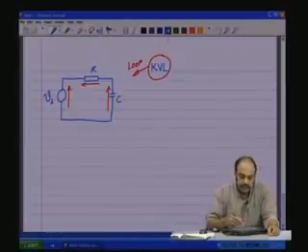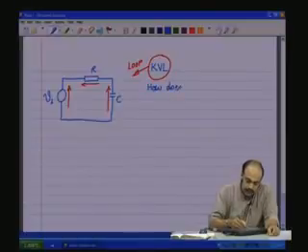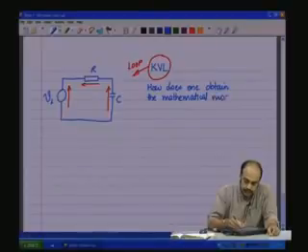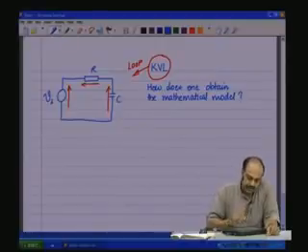So now the question: how does one obtain the mathematical model of this circuit? So let us go step by step.